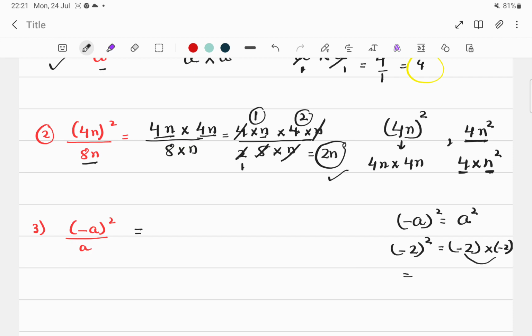Now negative times negative becomes positive, so it is positive 2 squared, because 2 is coming twice. So negative 2 squared is like 2 squared itself. So minus a squared over a is like a squared over a, which is a multiplied by a divided by a. One a in the numerator and denominator will be cancelled, and we will be left with a.